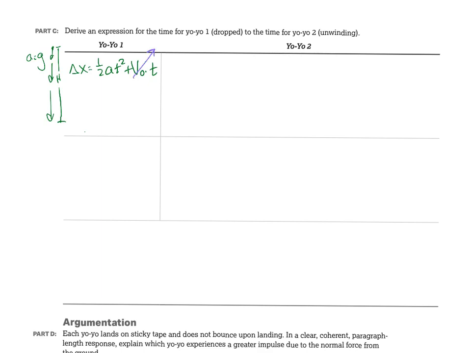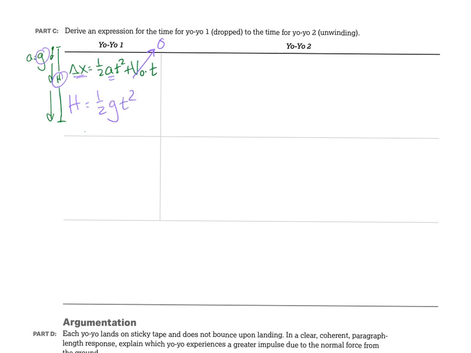It's starting from rest, so all of this middle term will go to 0. And some of these other variables, you can just swap out. The delta x is like height. The acceleration is just g. So if we write this expression again, this is really capital H equals 1/2 gt squared.